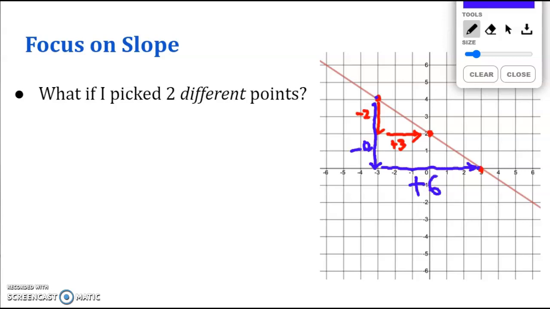So the slope is going to be rise, negative 4, over run, positive 6, which still simplifies to negative 2 over 3. Remember the equivalent fractions.